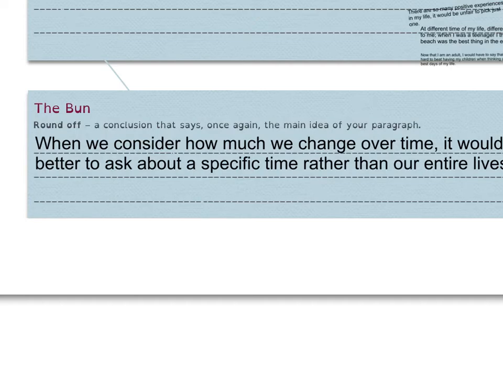So let's have a look here at my concluding sentence: when we consider how much we change over time, it would be better to ask about a specific time rather than our entire lives. And what I'm going to do now is I'm going to show you this paragraph all put together so that all the ingredients of our burger come together, all the details and sentences in our paragraph.